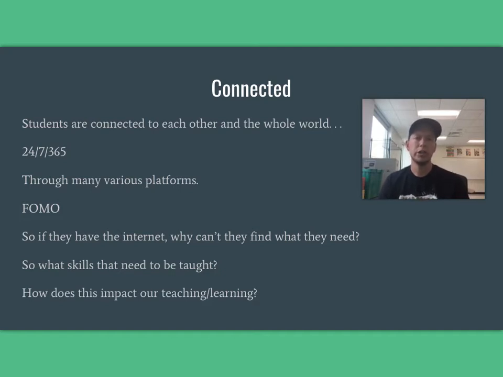So kind of switching gears here, you think about students and they've always been connected via the internet, iPads, cell phones, whatever. We think about the skills that they possess. One of the things that jumps out to me right away, and I'm guilty of doing this, and I hinted at this earlier: if they've always had the internet, why can't they find what they need?